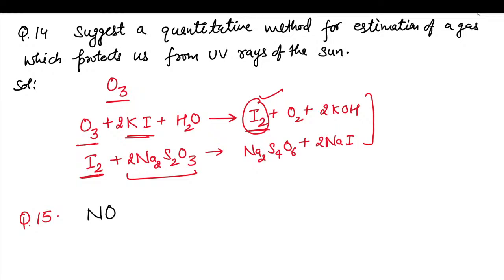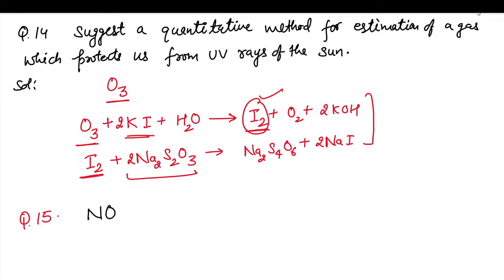Yes, tell me how. Nitric oxide emitted from the exhaust system of supersonic jet aeroplanes slowly depletes the ozone layer in the upper atmosphere, or stratosphere.